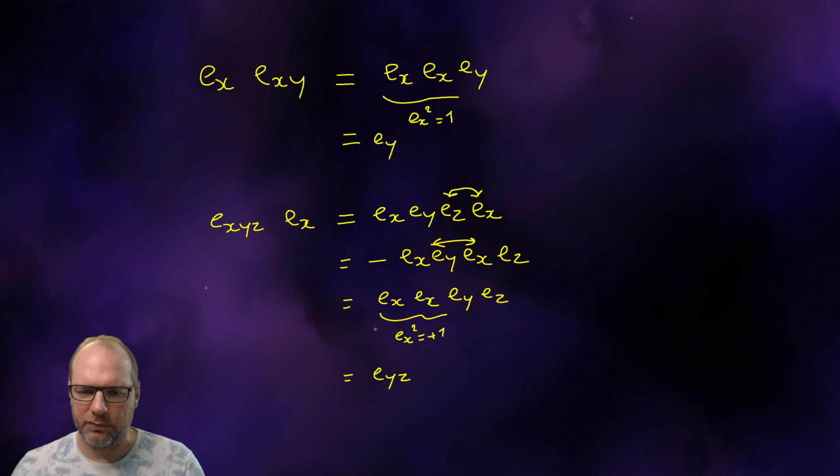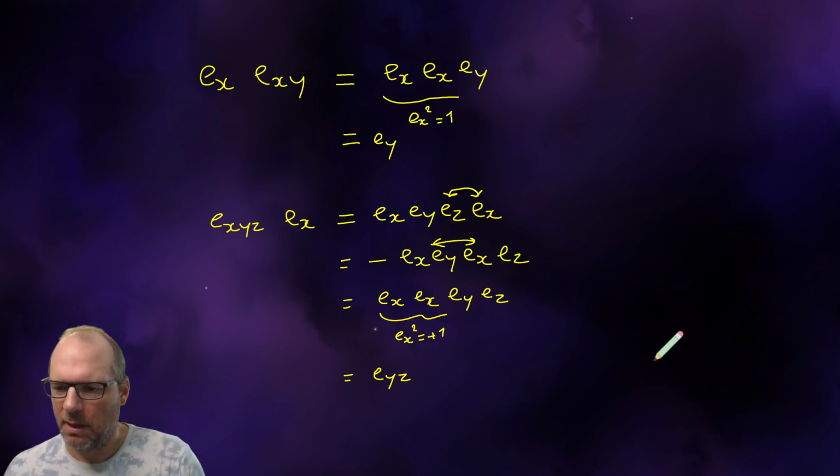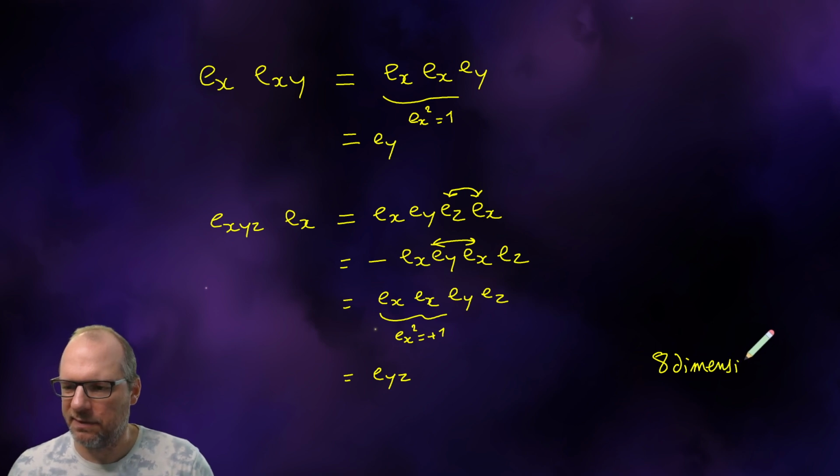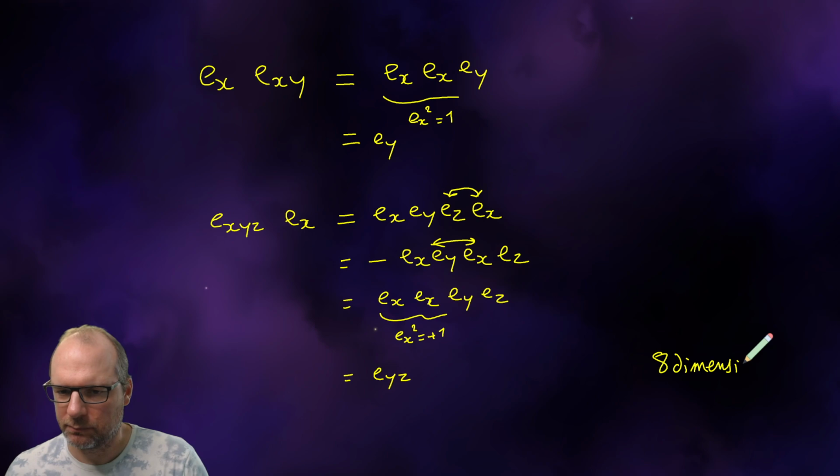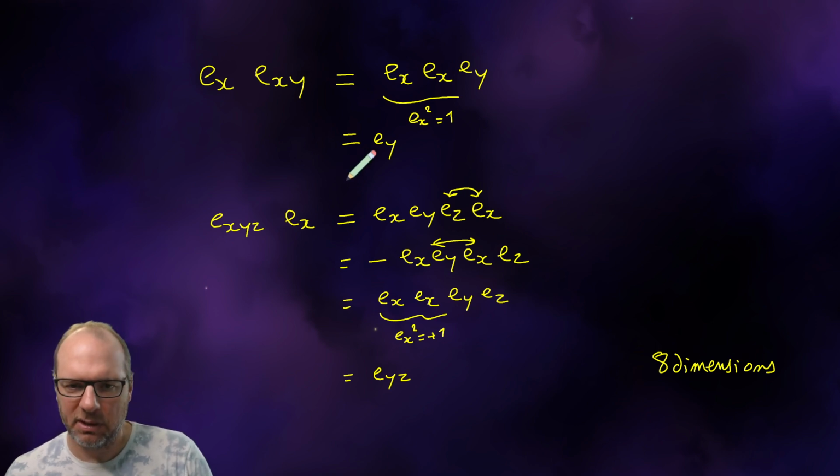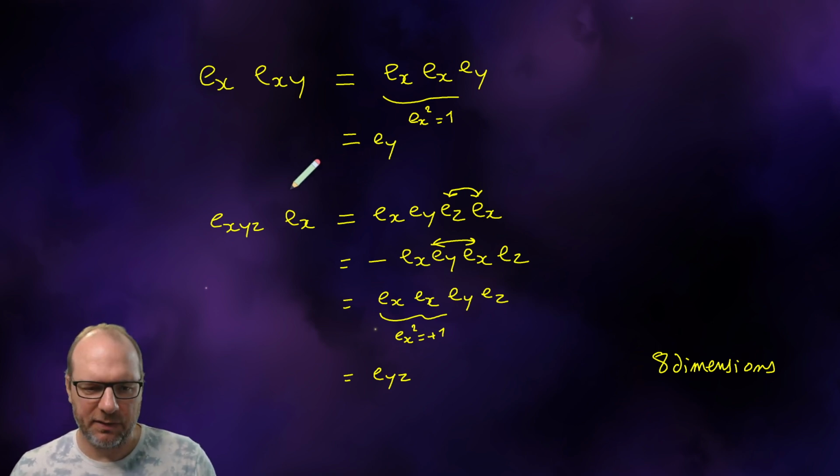So we won't produce infinitely many new symbols. So this is 8-dimensional. This is the maximum dimension. So how can we specify a particular Clifford algebra? The notation is Cl for Clifford.